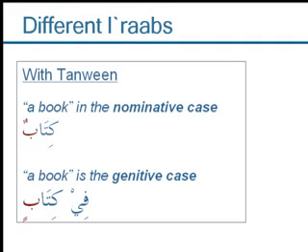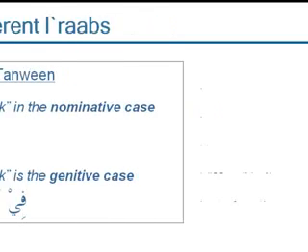Okay, so it's probably the subject of the sentence. Whereas the second one, we've got fi kitabin, and fi is a preposition, and because we've put the kasratain on kitab, we know that that book is being affected by the preposition fi. Okay, so sometimes tanween is used to indicate what is the case of a noun.